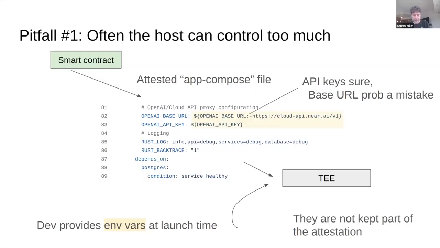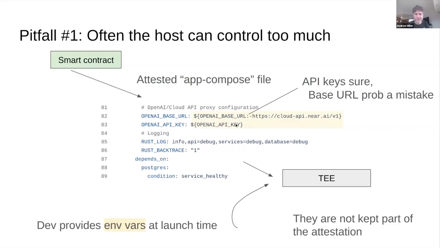So the app developer is allowed to set it to whatever they want. And if you set this base URL to whatever you want, it could point to any API, not just OpenAI, which is arguably an acceptable trust anchor, but the developer's own local cloud where they just output everything that's pasted there.